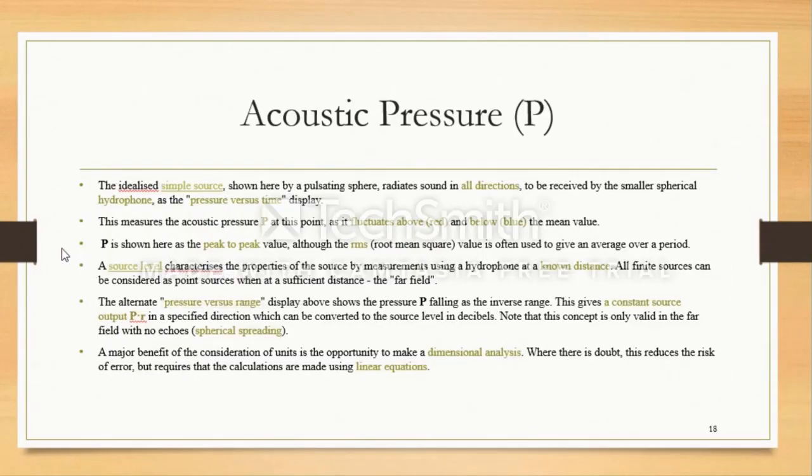P is shown by the peak to peak, as I said, although the RMS, root mean square value, is often used to give an average over a period. A source level characterizes the properties of the source, measured using a hydrophone at a reference distance, as I said.